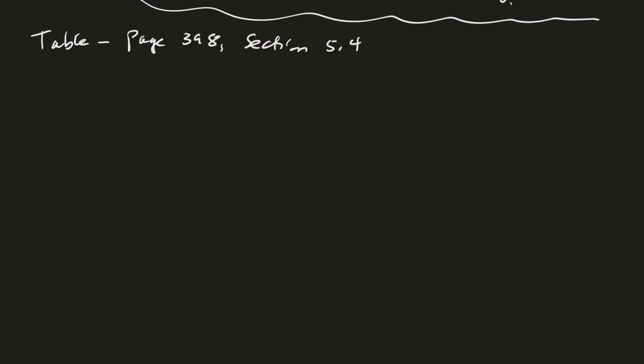Okay, I had to pause for a second to find the table. The table was on page 398 in section 5.4. So you might go ahead and keep that open while you're working through the homework and things. So you'll see things like, for example, the integral of x to the n dx is x to the n plus 1 over n plus 1 plus c.